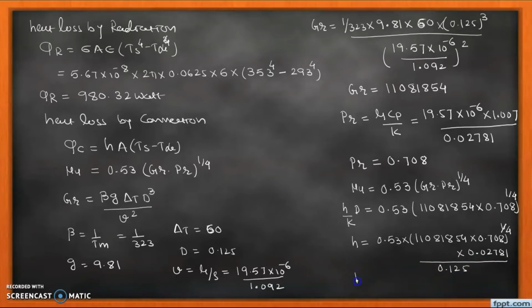So we get the value of h, that is 6.241 watt per meter square Kelvin. So now using this value, we are able to calculate the Q convective.